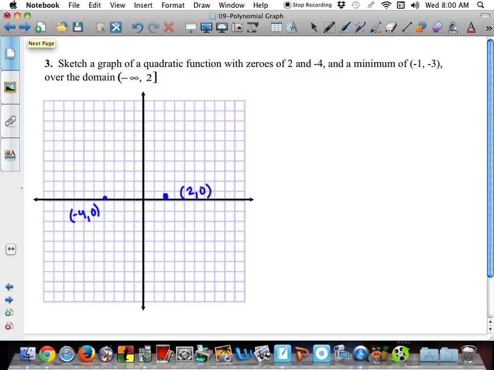With a minimum, so that's your vertex of -1, 3. Remember that a minimum makes that type of parabola. The other thing, pay attention to domain. Right here I have a closed circle and it does not go beyond 2, 0. So here is what I have. Okay, so there you have number 3.